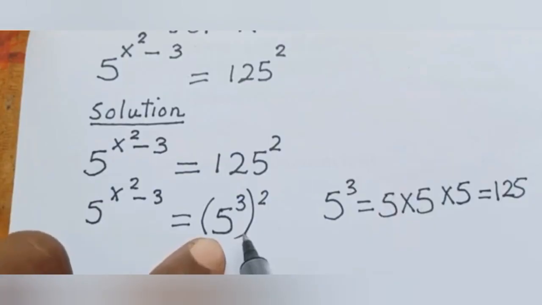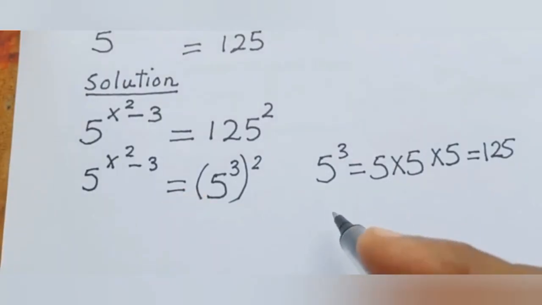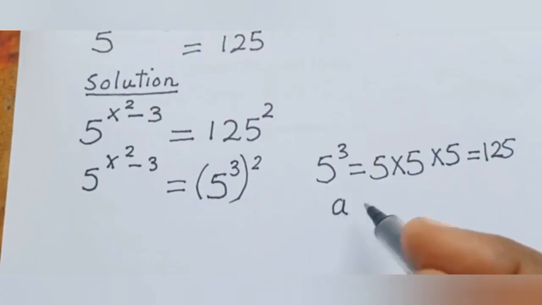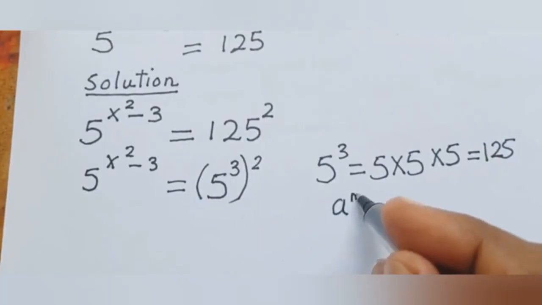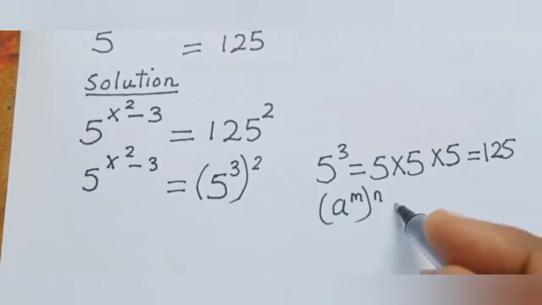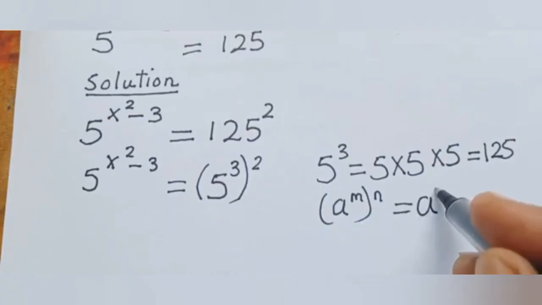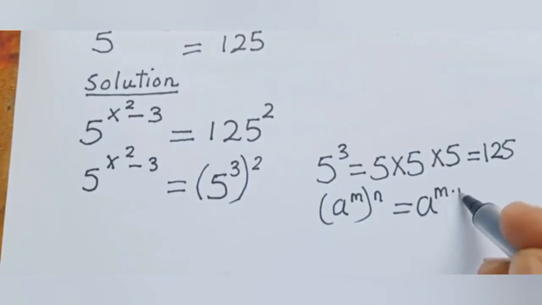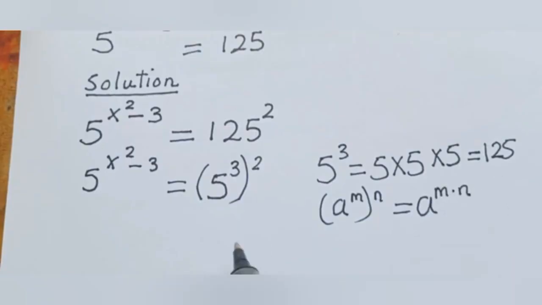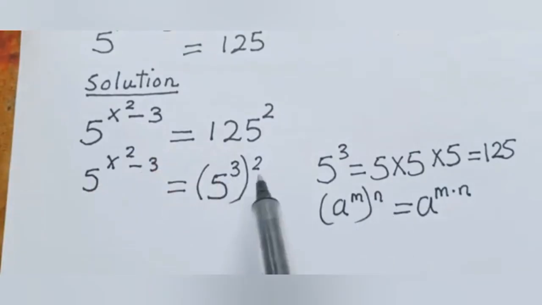So here, in this side, we are going to use the law of exponents, which is the power rule, which states that a raised to power m in the bracket raised to n is equal to a raised to power m times n. So here our m is 3 and our n is 2.